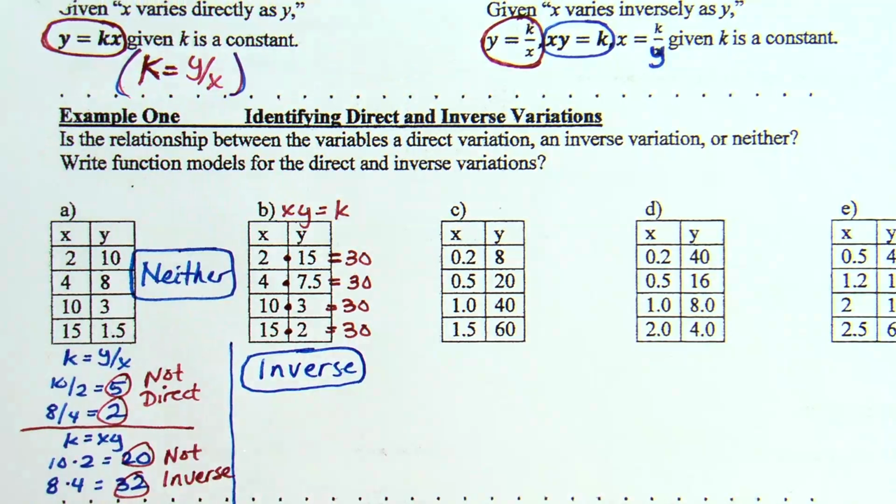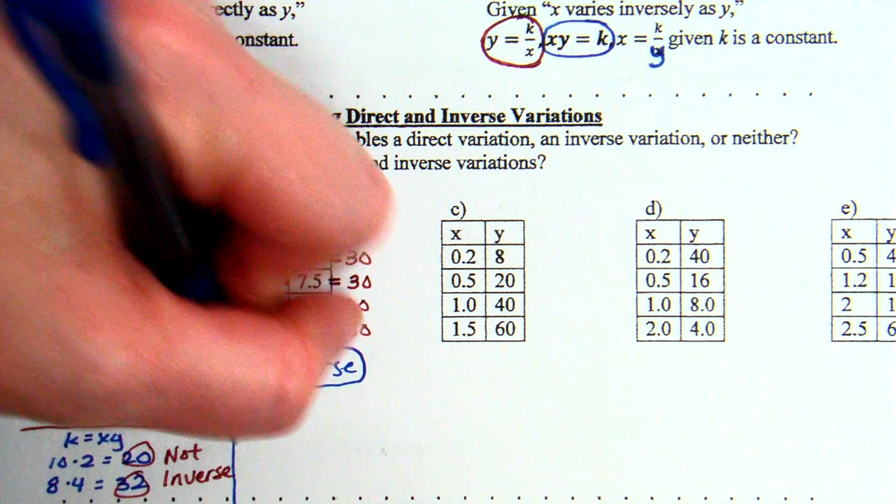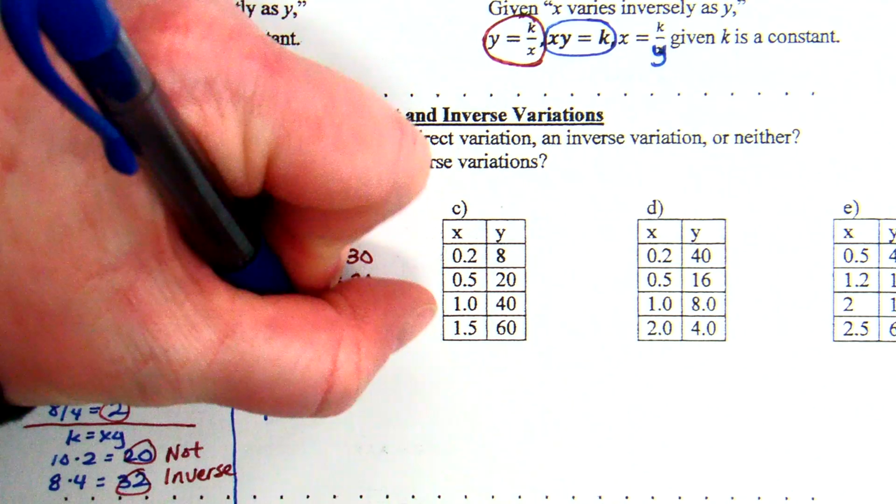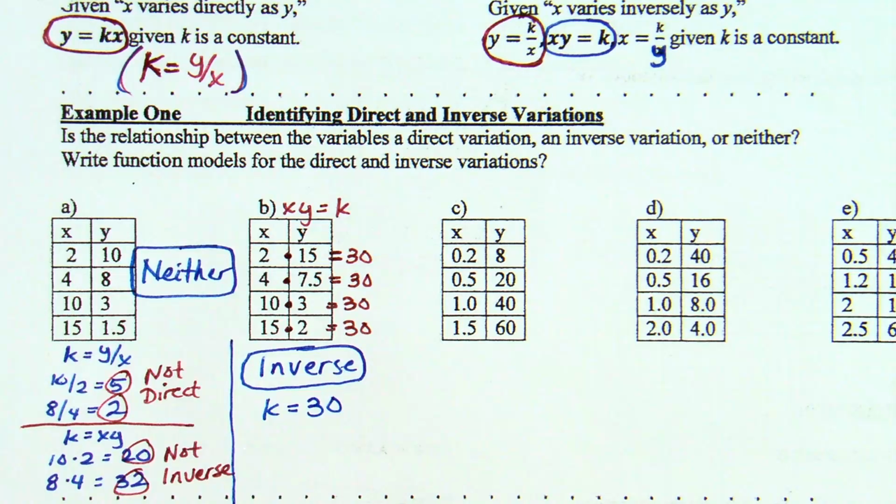Write function models for the direct and inverse variations. Okay, so first question to you, if this is inverse variation, what is k? K is 30, because that is the number that I multiplied to. Now, you technically could write this in two different ways. We just found that x times y always equals 30, right?